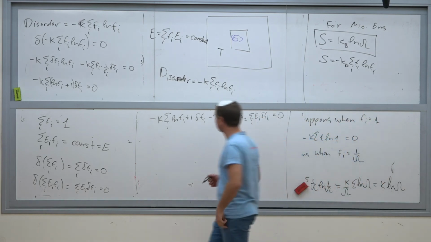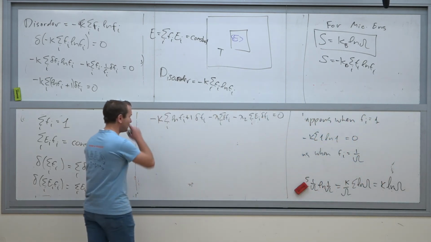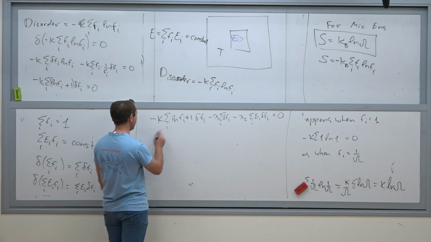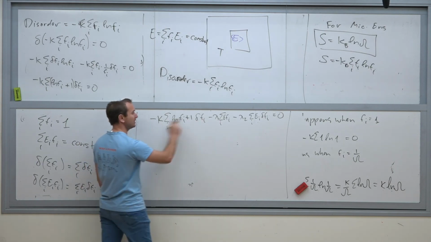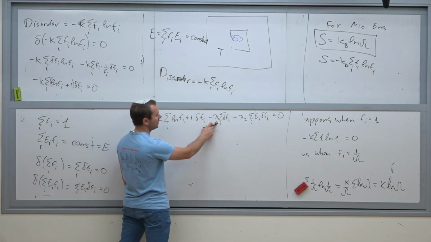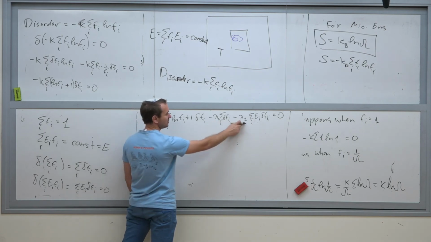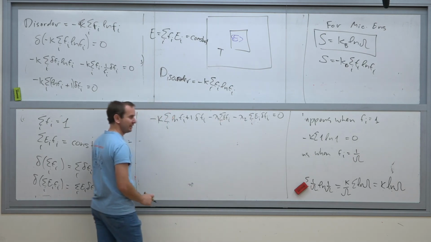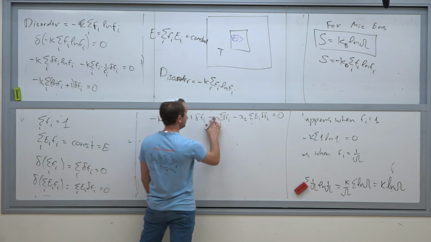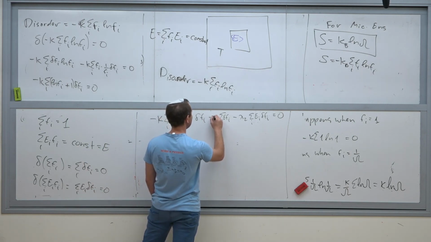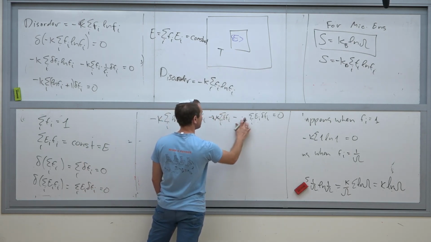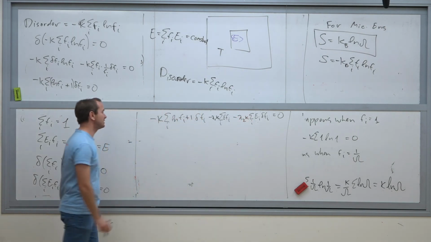I can take the k's out, and because those are constants that I still haven't derived, I can represent them as minus lambda 1 k and minus lambda 2 k. I don't really care about this k.